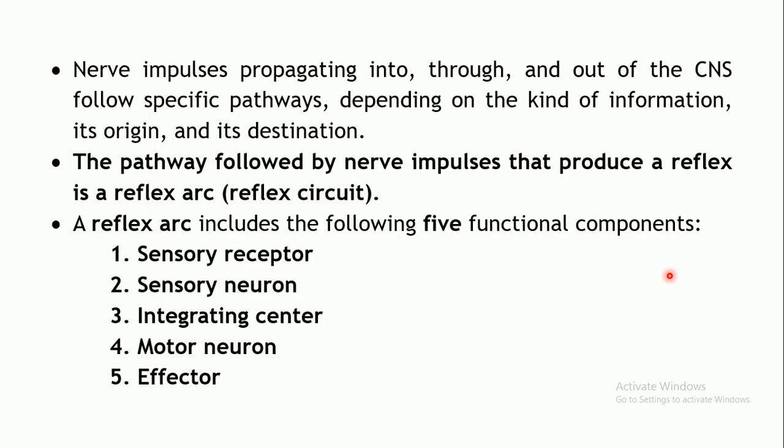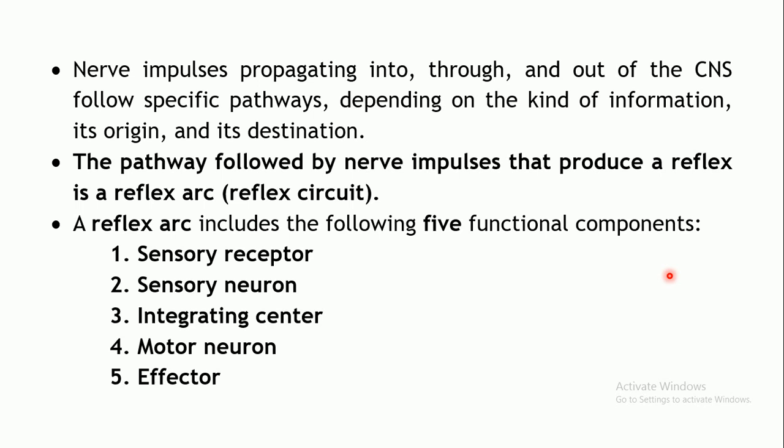Okay, so these are the different types of reflexes. Now this particular reflex which occurs, it's not a one-step reaction. There is a sequence of propagation and processing of information which takes place, right? Some change should occur which should be sensed.